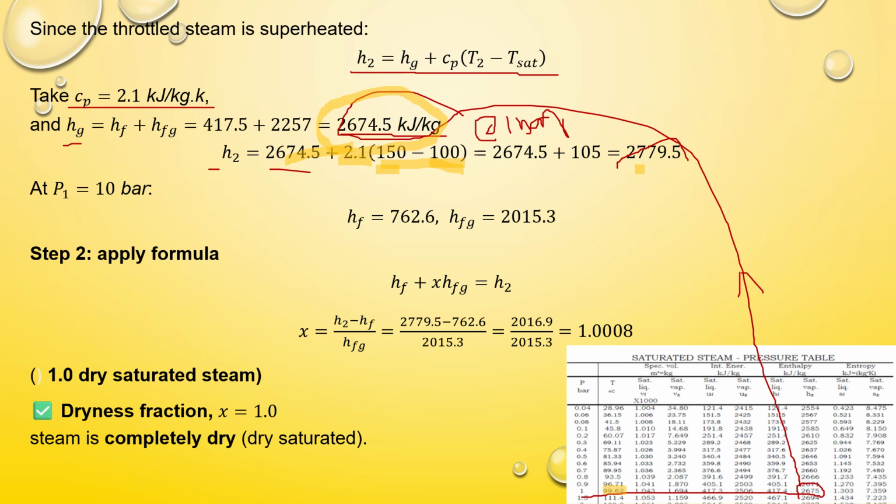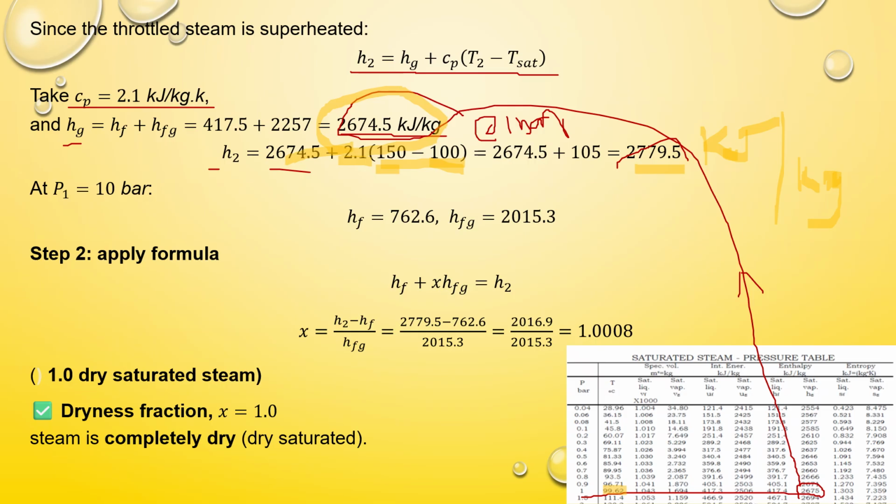So here your answer H2, that is 2779.5, very important unit, that is kilojoule per kilogram.